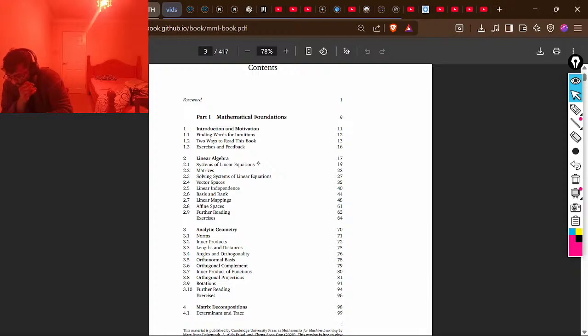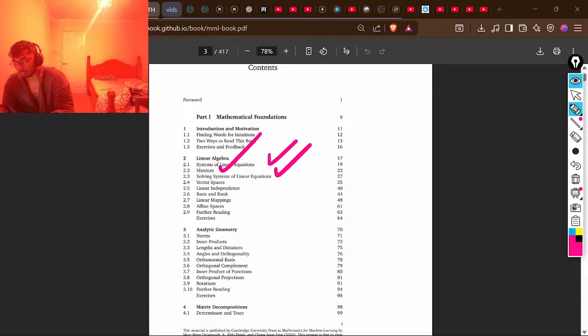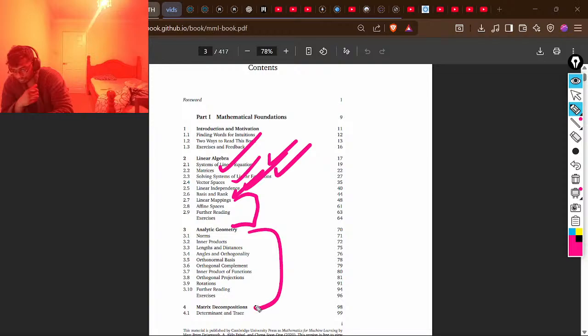we covered this thing, this thing, this thing. I covered it before I actually started streaming. We covered vector spaces a bit, linear independence a bit, basis a bit already. Linear mapping, all of this I haven't done, and analytical geometry, never done.